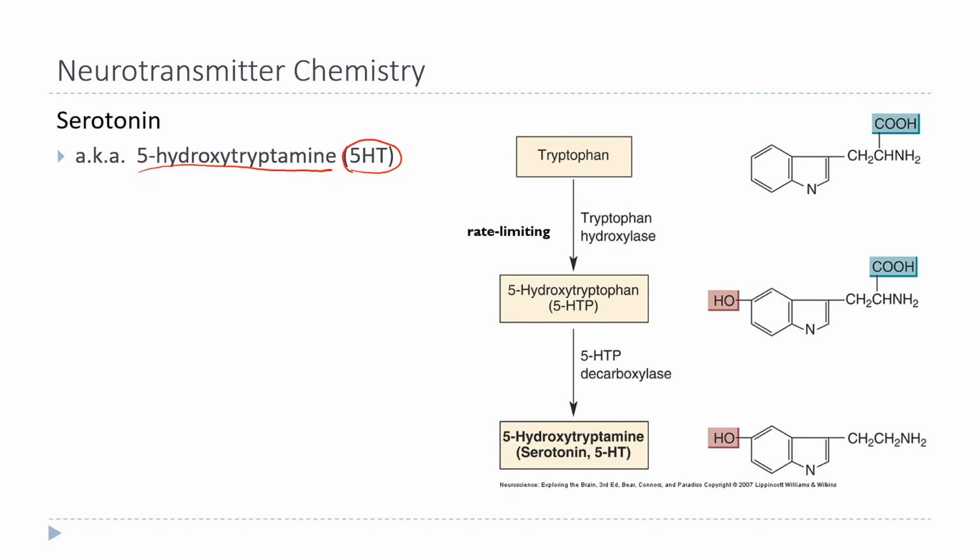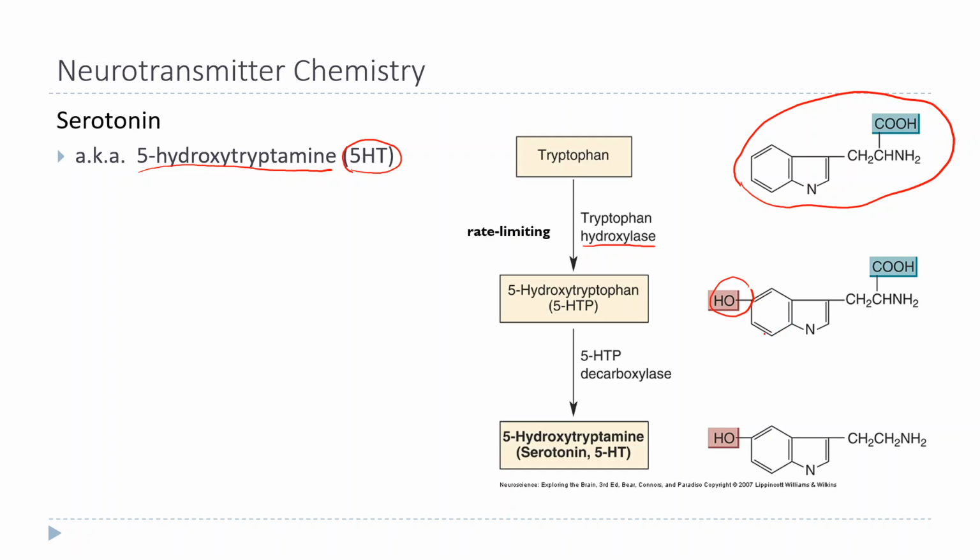Serotonin is made from, again, like the catecholamines, an amino acid, but this time an amino acid called tryptophan. Again, tryptophan is found in your cells because it is one of the amino acids that your cells use to make proteins. And tryptophan in a serotonin neuron is broken down by an enzyme called tryptophan hydroxylase. And tryptophan hydroxylase, again, you can figure out from the name what it does. It adds a hydroxyl group to the tryptophan.